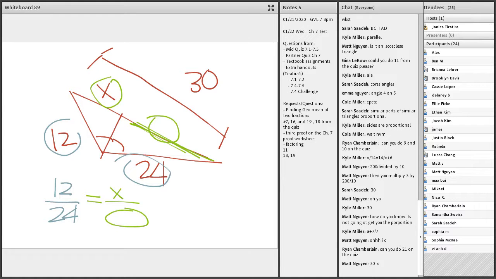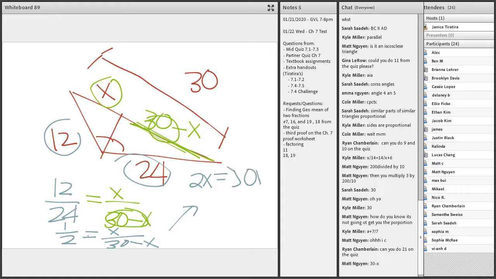Well, you can. The total is 30, and then the leftover is x. And then from there, you can reduce 12 over 24. Feel free to reduce it so your numbers get smaller. You don't have to reduce later. Cross multiply, and you'll get your answer. So your answer will be, add x, yep, your answer looks like 10.